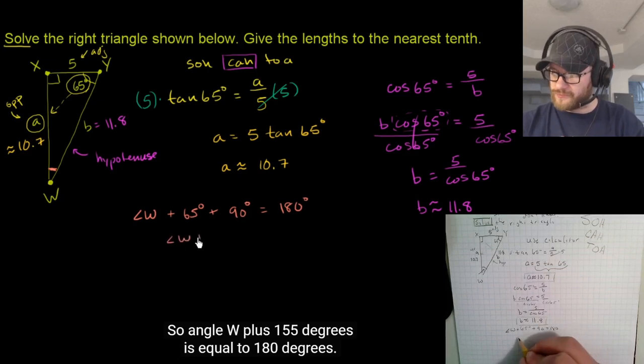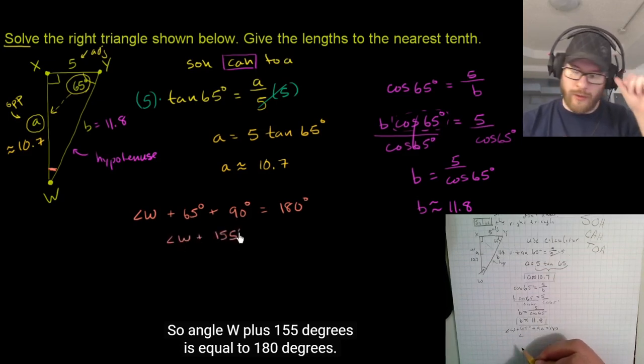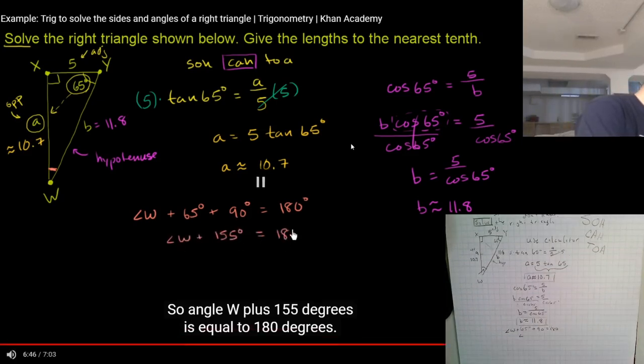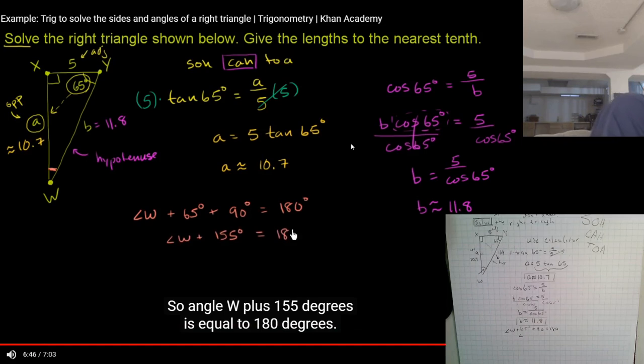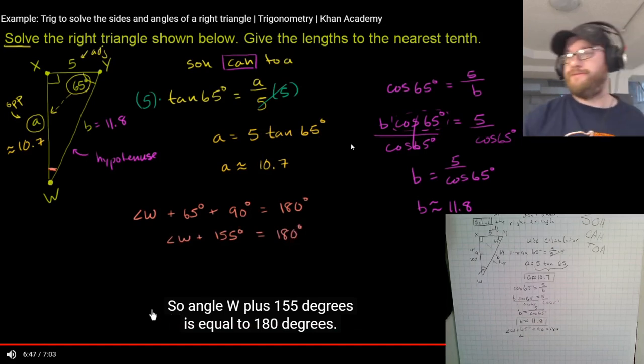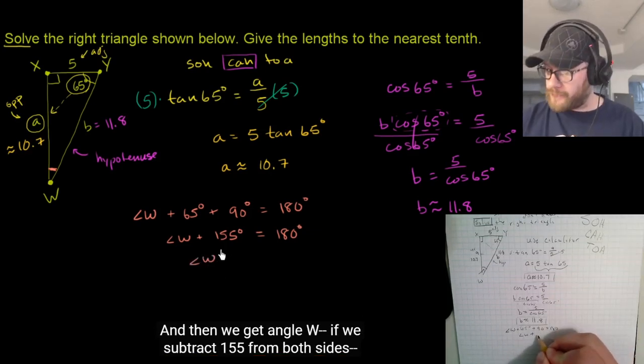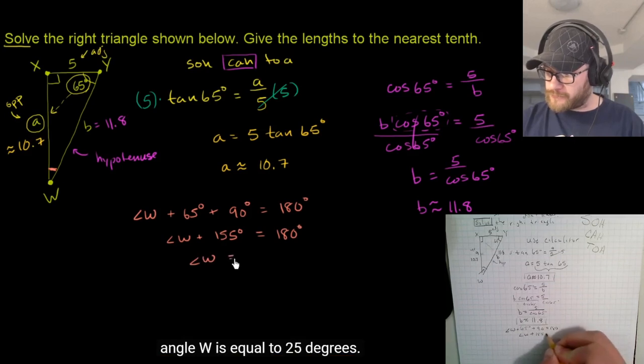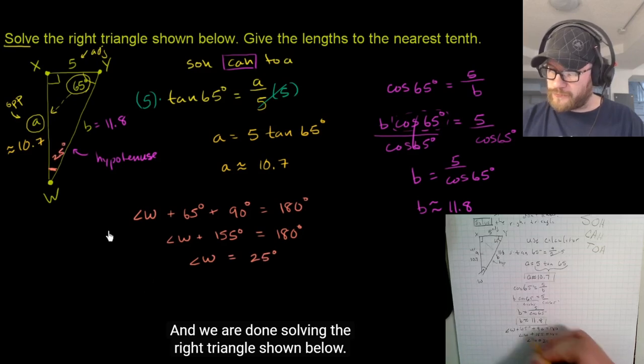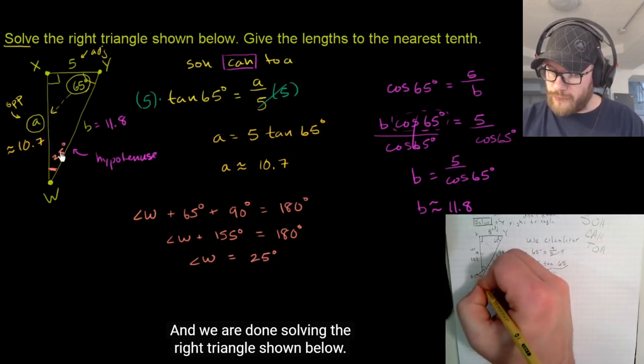So angle W plus 155 degrees is equal to 180 degrees. If we subtract 155 from both sides, angle W is equal to 25 degrees. And we are done solving the right triangle shown below.